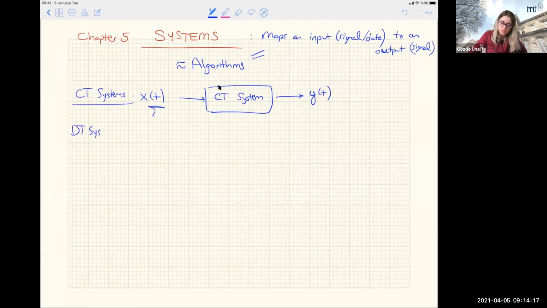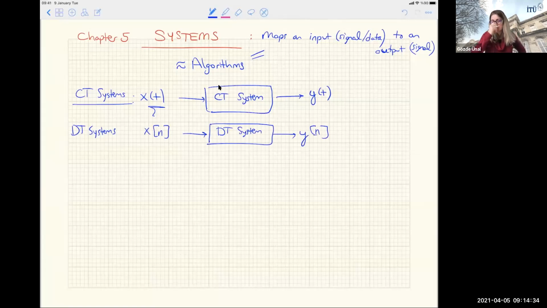Discrete time systems, however, take a discrete time signal and map it to a discrete time output, y of n.